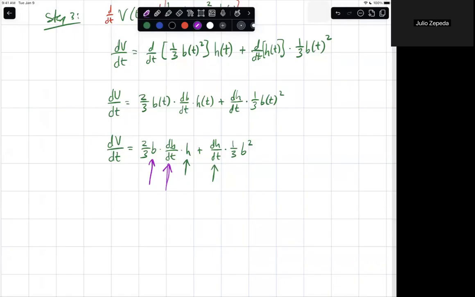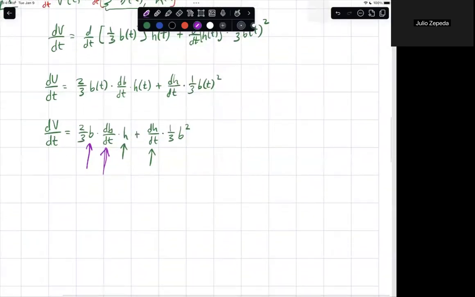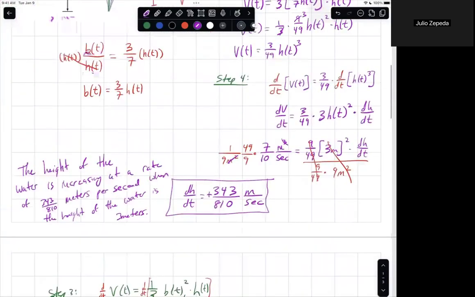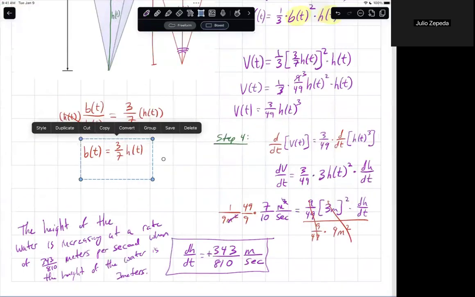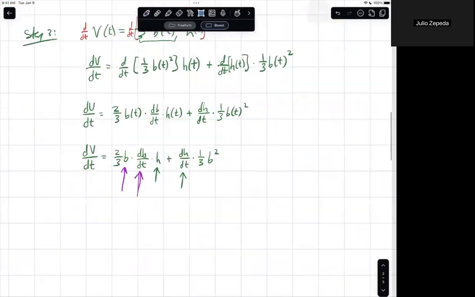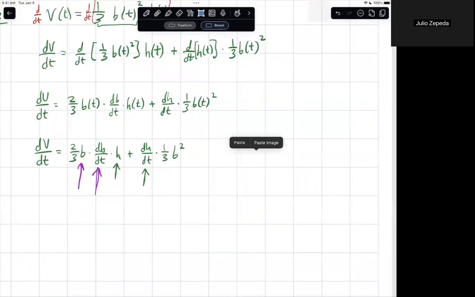We're trying to find dh/dt, but now we need db/dt to solve this. The way we can get around this is by still using this equation here. I just wanted to show that if you try to get around it, you really can't.